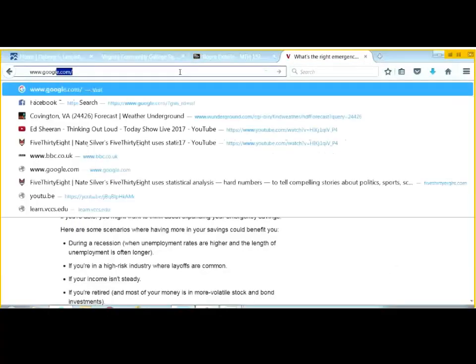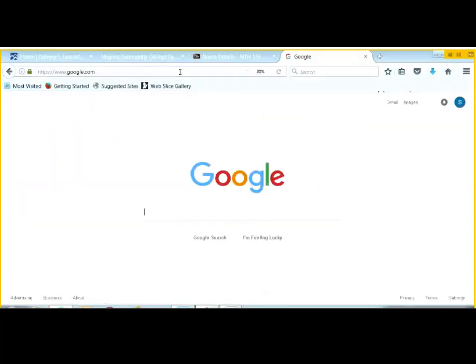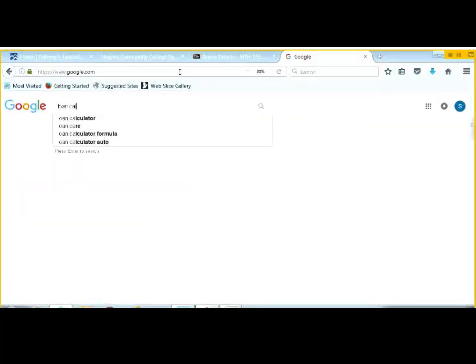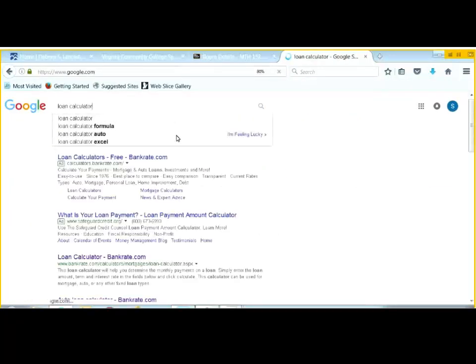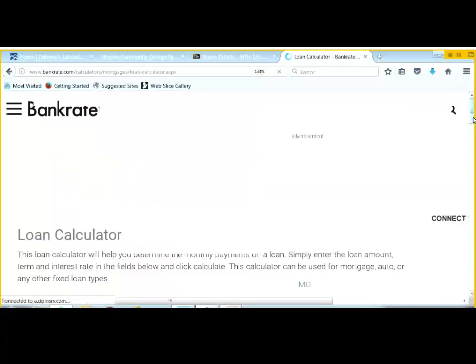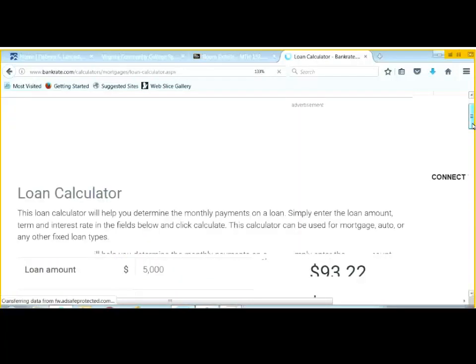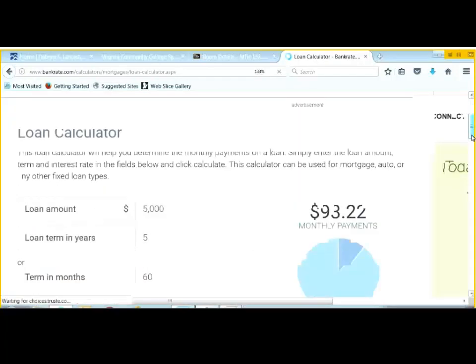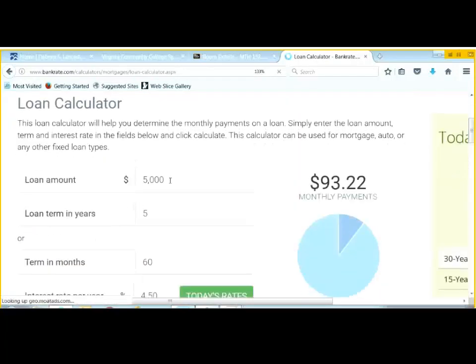So I'm just going to go to Google. And all you have to do is look up loan calculator. It doesn't matter what kind of loan it is because they're all the same. Whether it's a mortgage or whether it's a car, same calculation, just more money for a house. So this is bankrate.com, which is reputable. And the things you have to input into calculating your monthly payment is how much you're going to borrow.